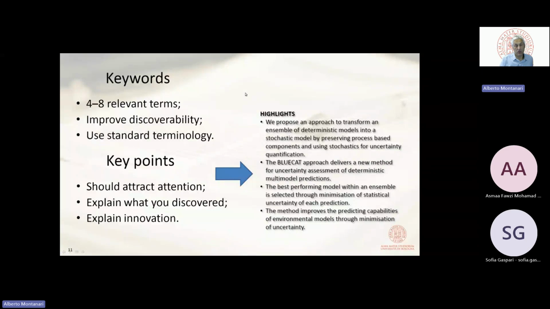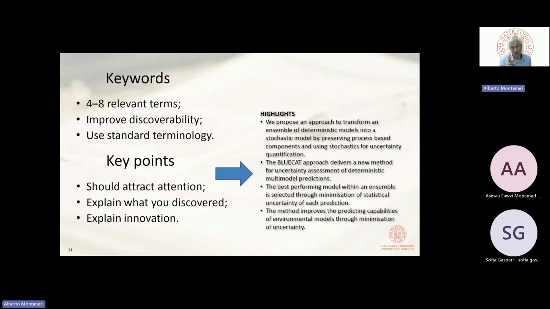And then very often you are required to provide keywords and key points. The keywords are basically required by any journal, the key points by a subset of journals. The keywords are essentially useful for classifying the paper and for making the paper searchable by automatic search tools.